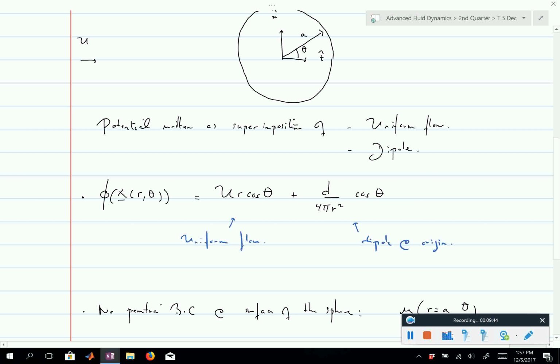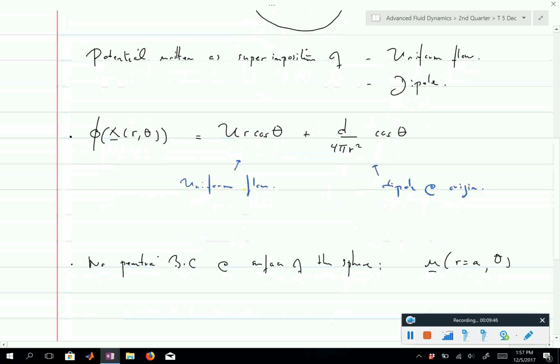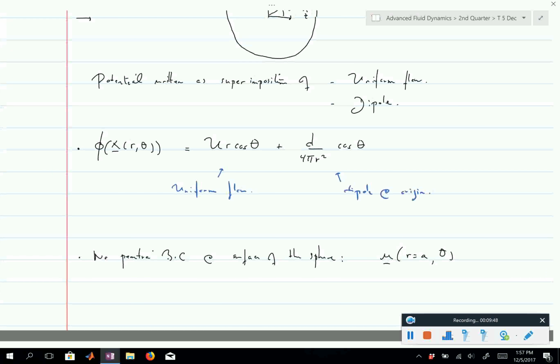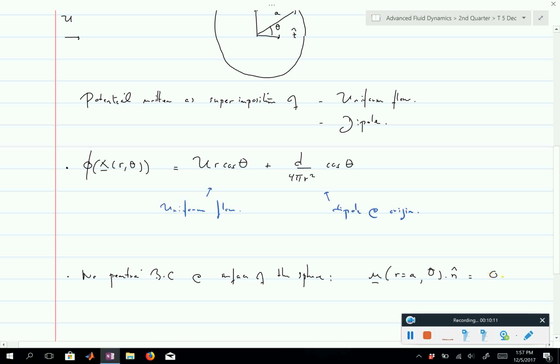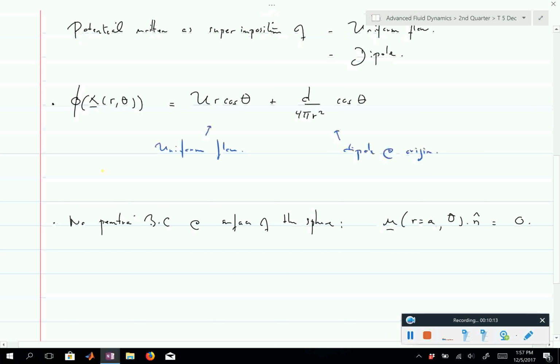So the velocity field u at r equals a, and for any theta, dotted with the normal vector at the surface of the sphere, has to be equal to the velocity of the sphere projected in the normal direction. But here we're assuming the sphere is not moving. Therefore, this is going to be equal to 0.